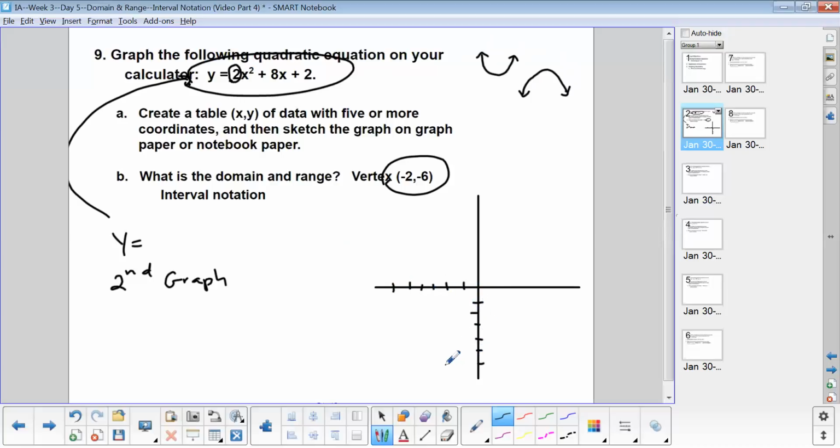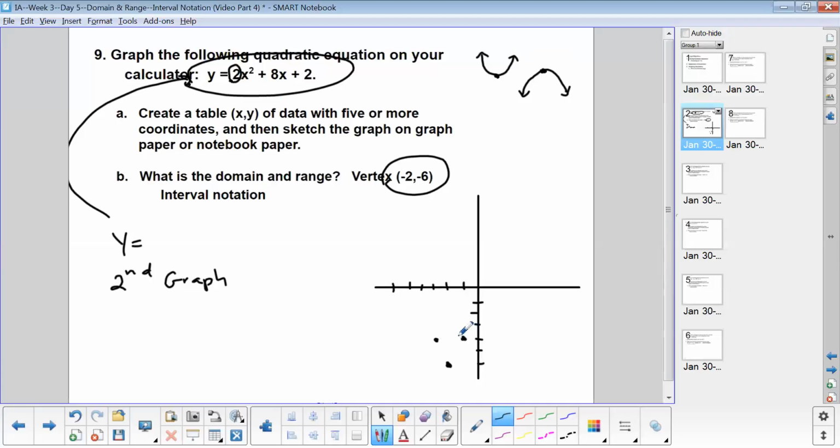so if I graph the vertex, that's -2, -6. That just means that this point up here, that's the vertex. It's the lowest point, or it's the highest point. So if -2, -6 is the vertex, then -3, -4, and -1, -4.